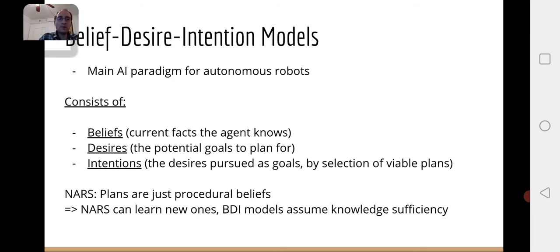And interestingly in NARS, there is no difference between beliefs and plans, because plans are essentially sets of procedure knowledge. They are just beliefs.